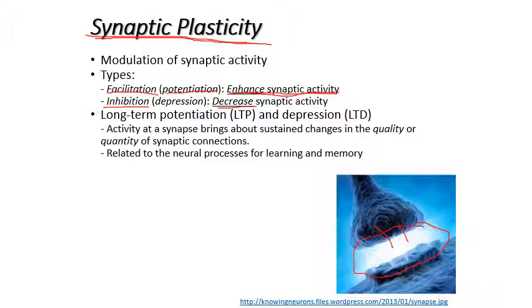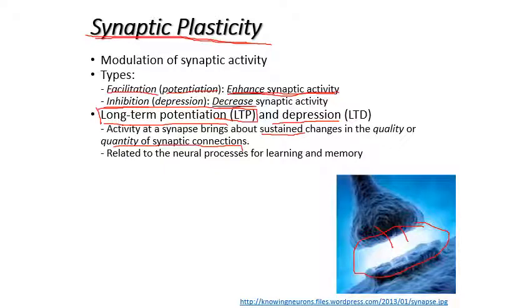So we're going to look first at long-term potentiation, and then we'll look at depression. Long-term potentiation is handled through glutamate signaling. You're going to increase sustained changes in the quality and quantity of connections at the synapse.